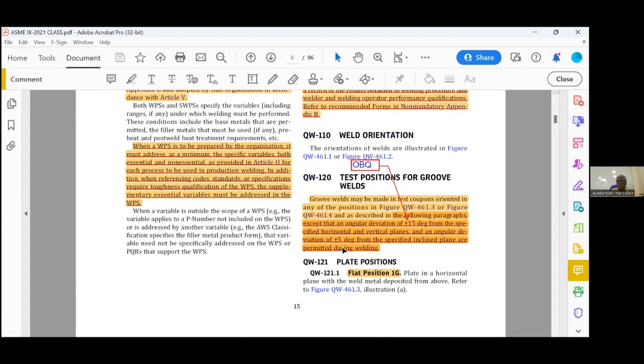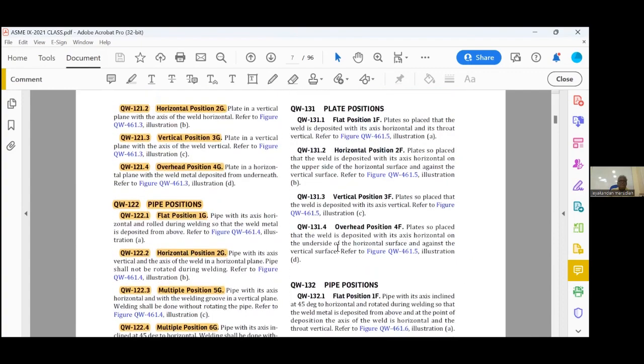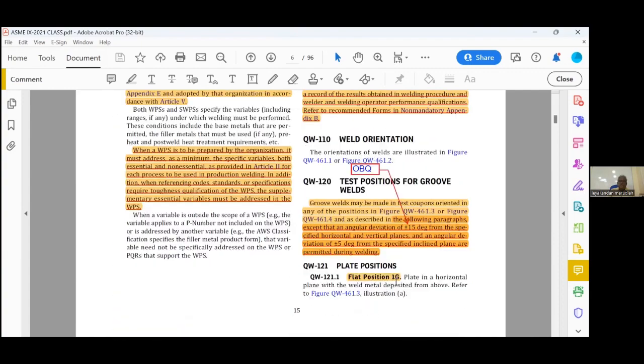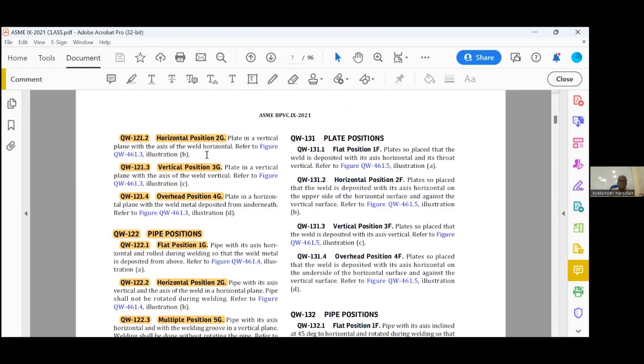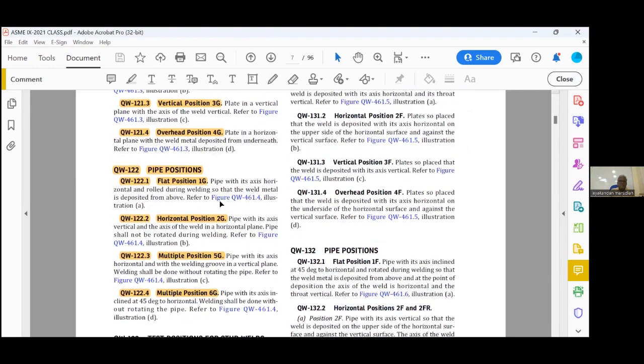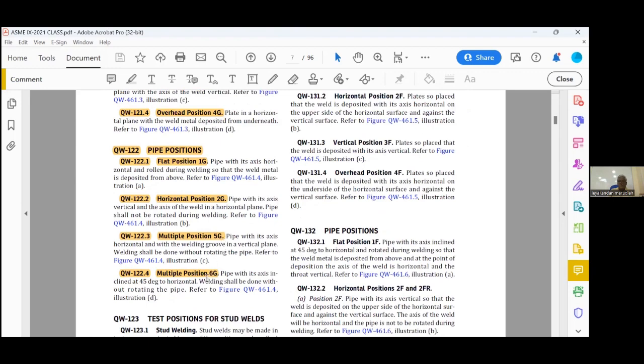That is an open book question. Then these are the positions, actually you can see here. Plate: we have flat position 1G, horizontal 2G, vertical 3G, overhead 4G. Pipe: flat 1G, horizontal 2G, multiple 5G, multiple 6G.